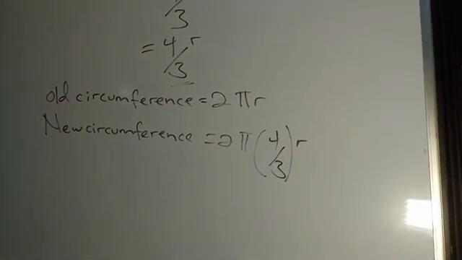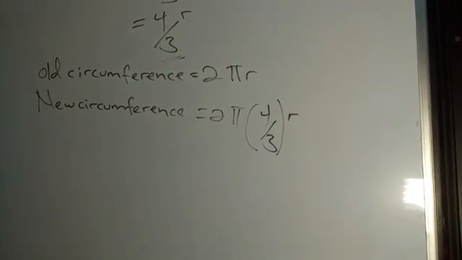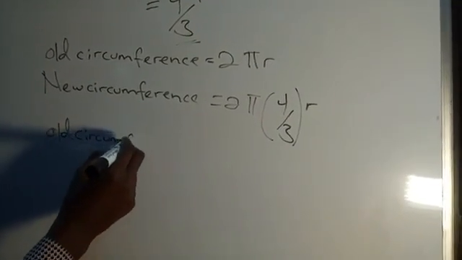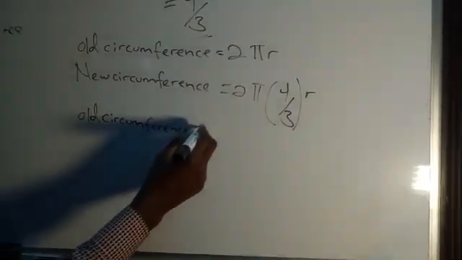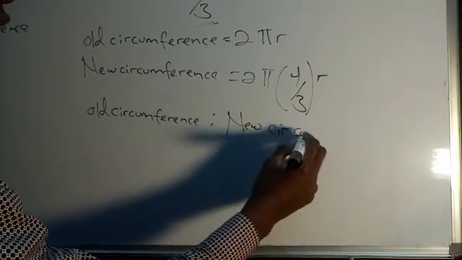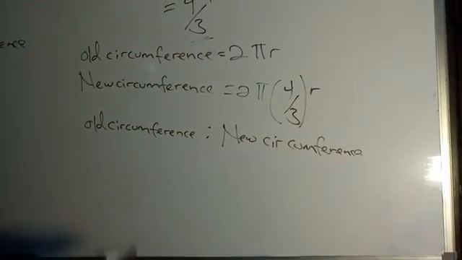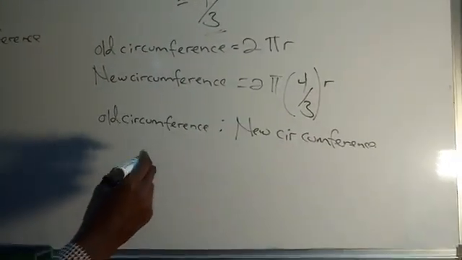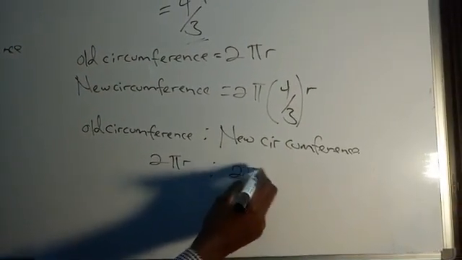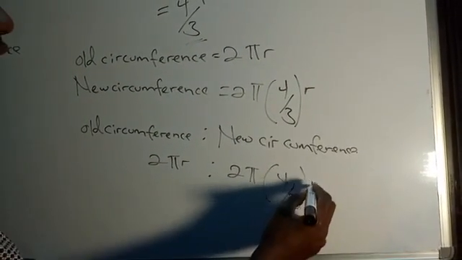So the ratio of old circumference to new circumference is 2 pi r to 2 pi r into 4 over 3 r.